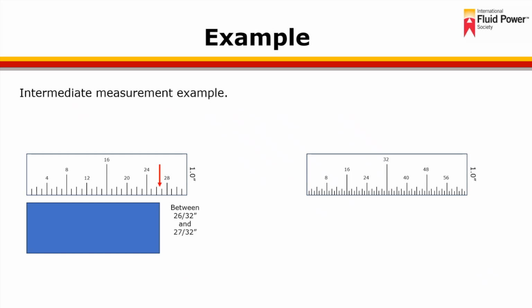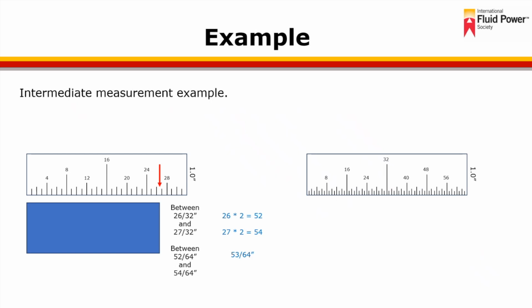at the 26.5 line. If we take the values and multiply by 2, we get 52 and 54, which would be equivalent to between 52/64 and 54/64, which ultimately corresponds to 53/64.